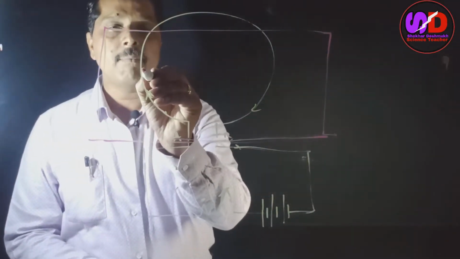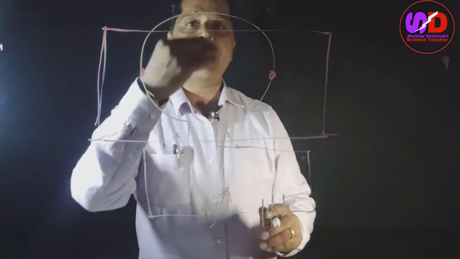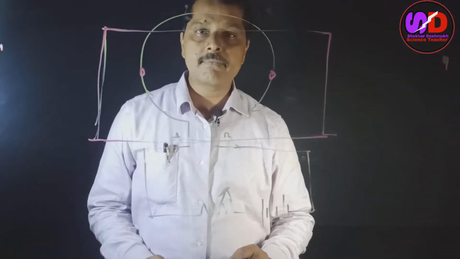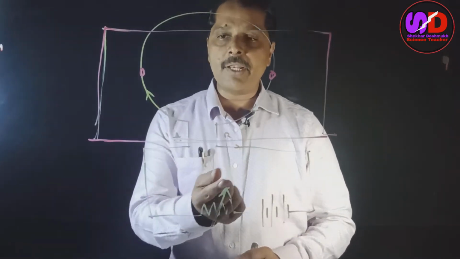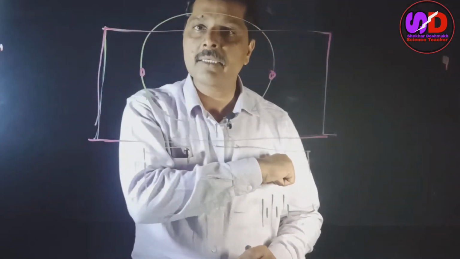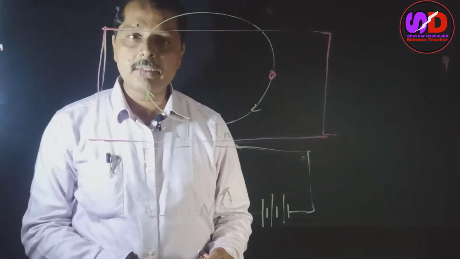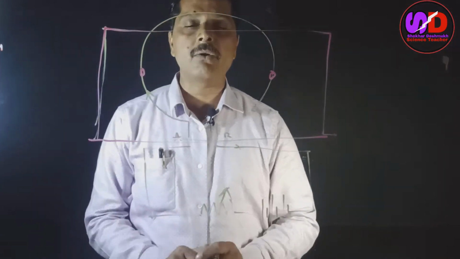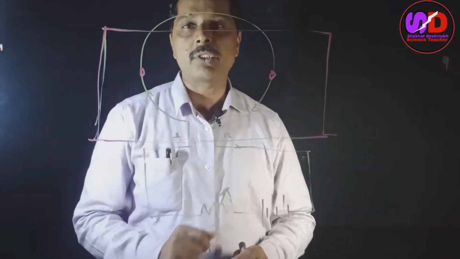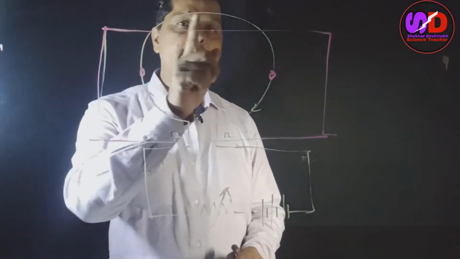If we make two holes in the cardboard and pass the loop through it, and whenever we pass current through it, sprinkle some iron filings as we saw in the previous experiment, we can easily find the lines of force of the magnetic field produced by this loop.